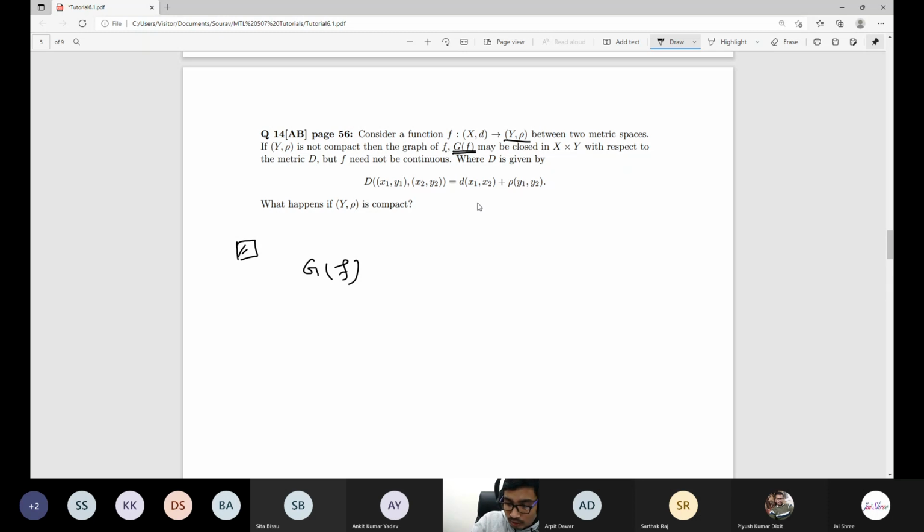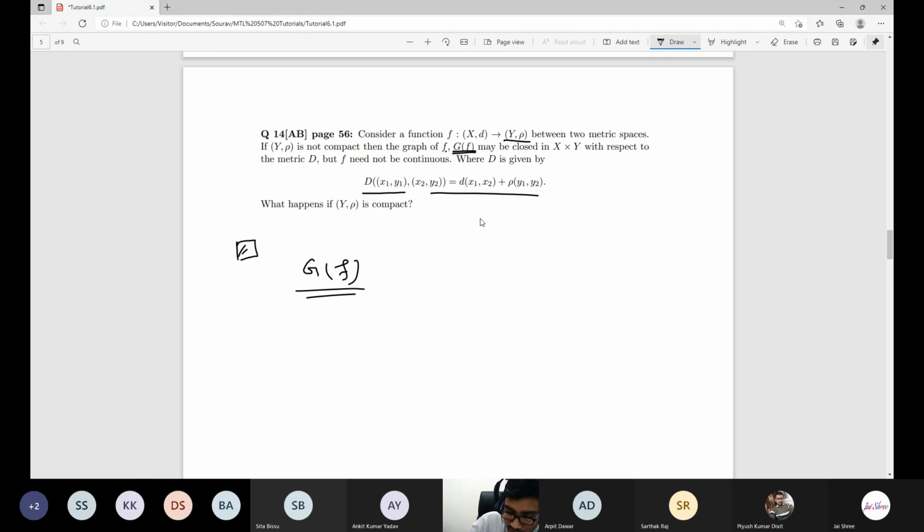I will just give the example here and leave it for you to verify, because I want to show you something like the tube lemma and its application to the fact that the first projection becomes a closed map. For this problem, I leave it by giving a function whose graph is closed, but the function is not continuous.